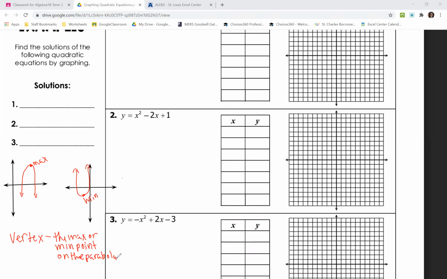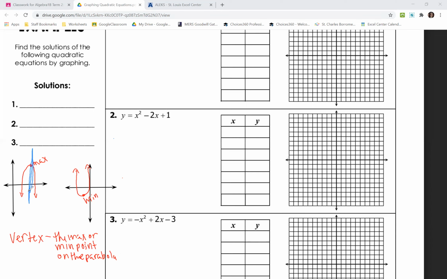Okay, so not only does a vertex occur at the maximum or the minimum point, which is a characteristic of our parabola that will be beneficial for us to know, but it also appears at what we call the axis of symmetry. That's a pretty fancy word. What does that mean? It means that if you split the graph into two right down the middle at that vertex, it's going to be identical.